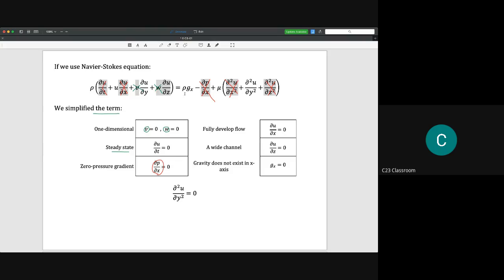To get mu times del square u over del y square equal to 0, we cannot say that mu is 0. So del square u over del y square must be 0. That's why after we simplify our Navier-Stokes equation here, we can say that del square u over del y square is equal to 0.